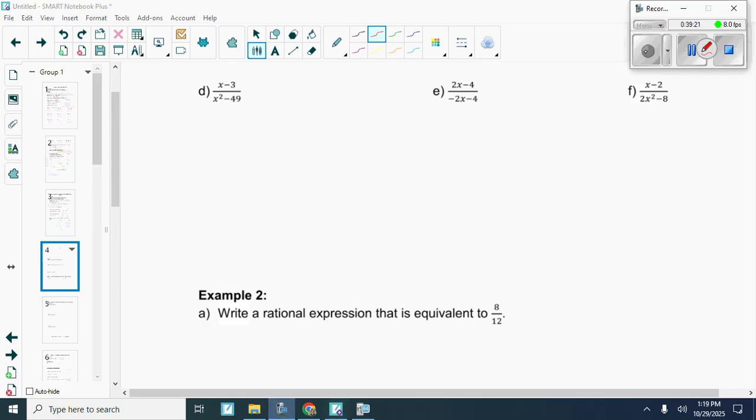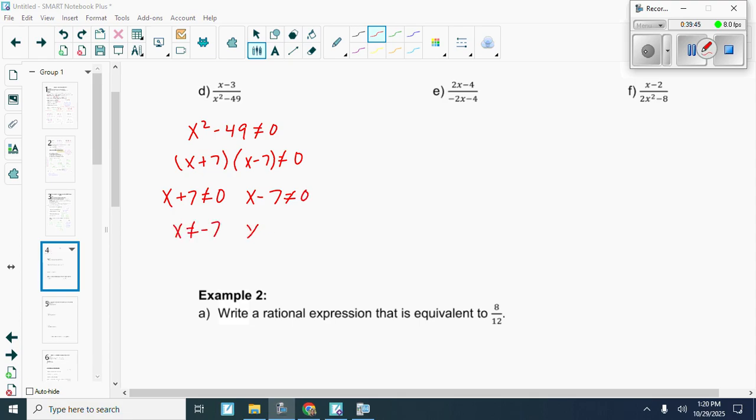All right, so you guys were just up at the boards. We're just summarizing. x squared minus 49 cannot equal 0. We knew this was a difference of squares. x plus 7, x minus 7 cannot equal 0. So x plus 7 cannot equal 0, x minus 7 cannot equal 0. x cannot equal -7, x cannot equal +7.